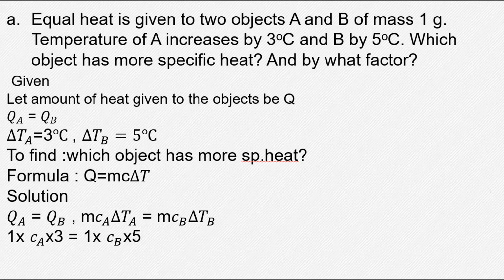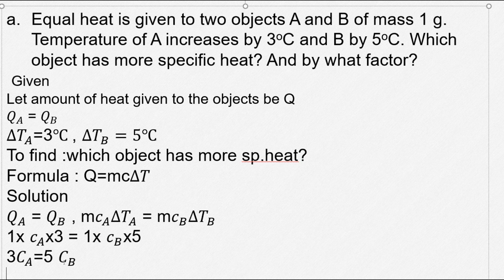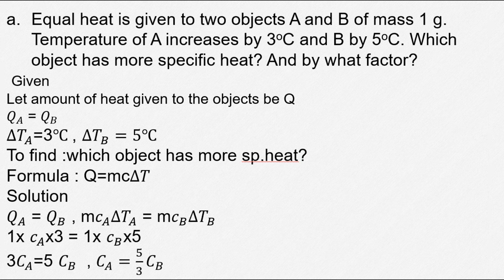So 3CA is equal to 5CB. From this we can find out CA. Taking 3 to the other side, CA is equal to 5 upon 3 times CB.